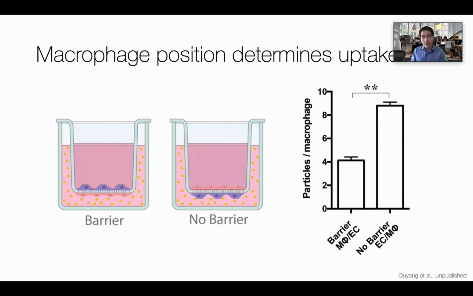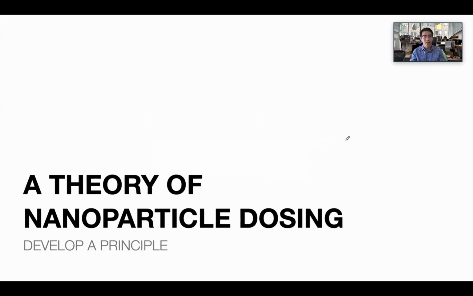And if they are overwhelmed, then they would lose their preferential access. In that case, we would get more delivery to the tumor, right? This made up our theory of nanoparticle dosing. Here we were going to develop a principle to figure out exactly how dose contributed to nanoparticle delivery to the tumor.